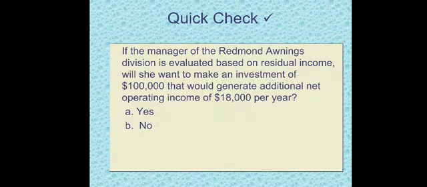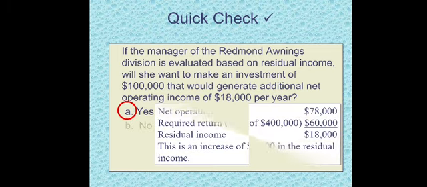If the manager of the Redmond Awnings division is evaluated based on residual income, will she want to make an investment of 100,000 that will generate additional net operating income of 18,000 per year? Okay, let's see. You have to compare the RI before the investment and the RI after the investment.